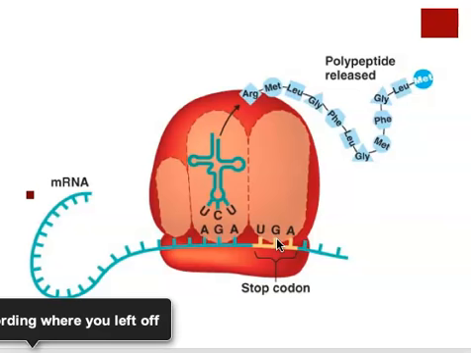So when the ribosome attempts to make a peptide bond between the last amino acid, this arginine, and what's in the A site, there will be no amino acid to add. And at that point, the chain of amino acids will be released. The ribosome will disassemble, it will let go of the mRNA, and translation will be completed.